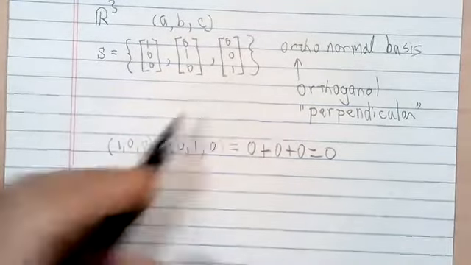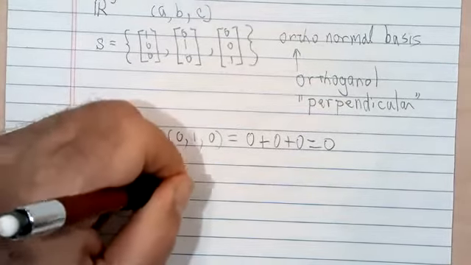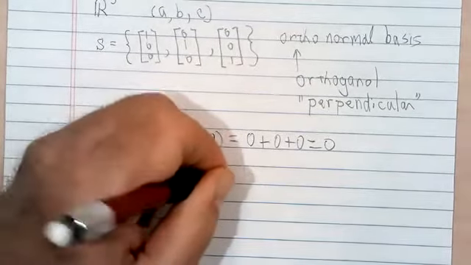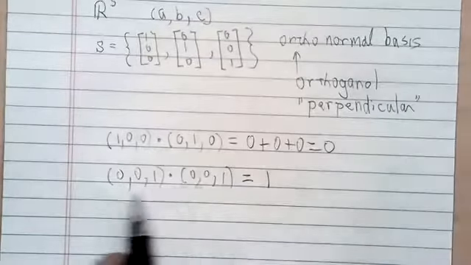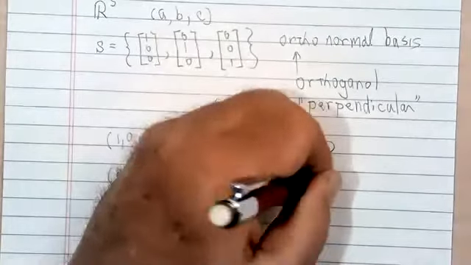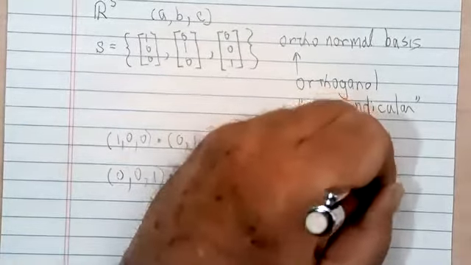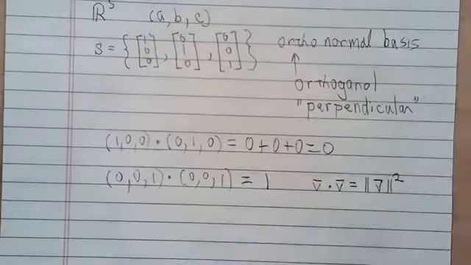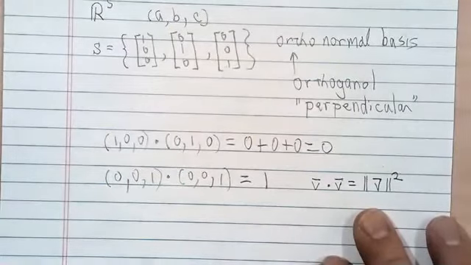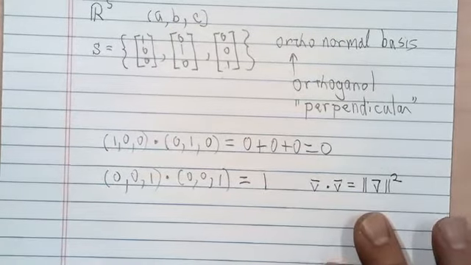Let's pick on the last one since we haven't used it yet. If I take 0, 0, 1 and dot it with itself, I get 1. Now notice when you take a vector v and dot it with itself, what you're going to get is its length squared. But if it turns out that its length is 1, then the square of the length and the length are exactly the same thing. They're both 1, right?